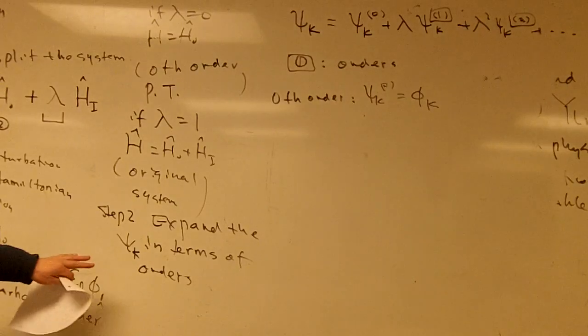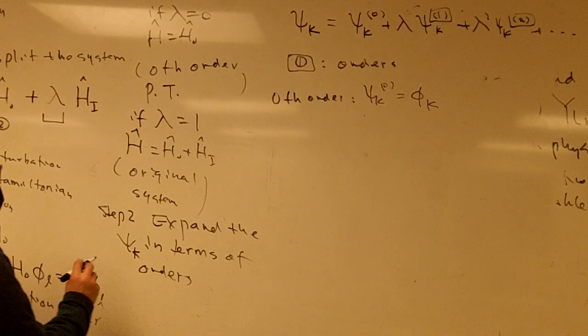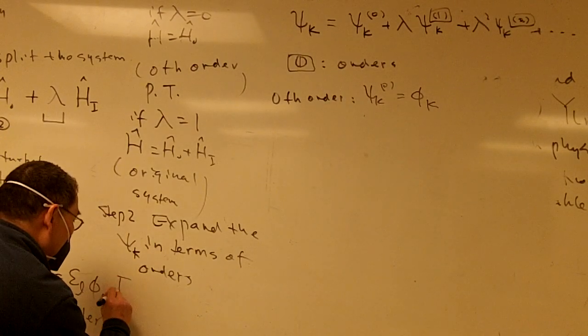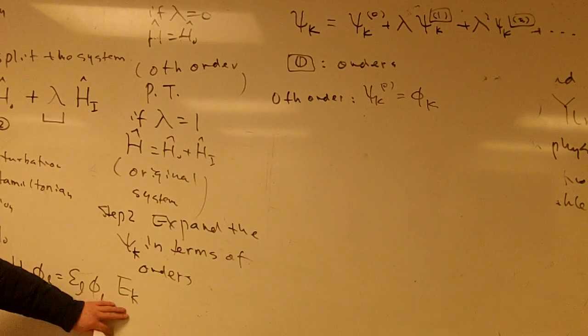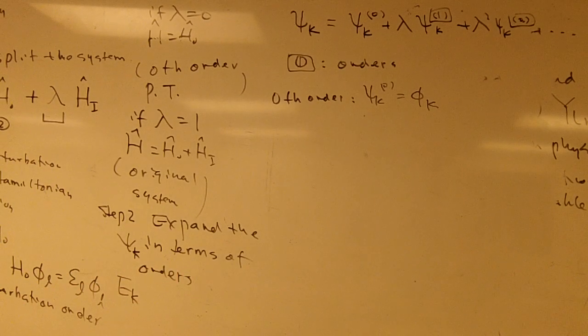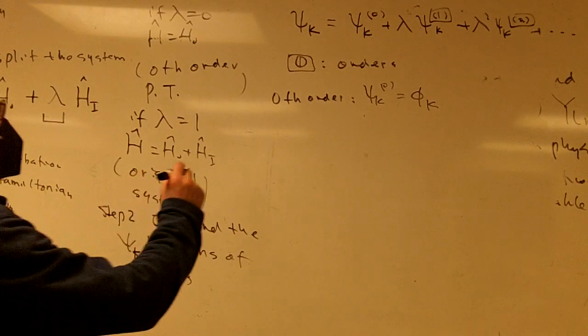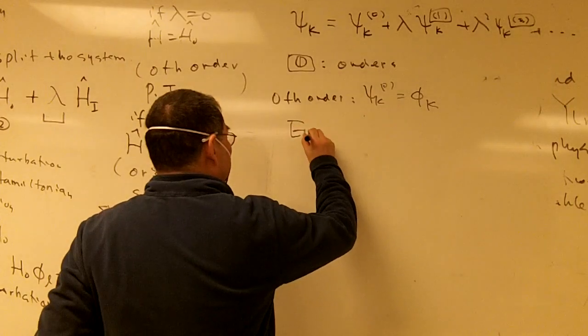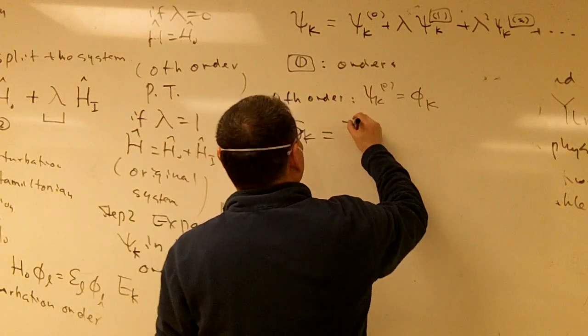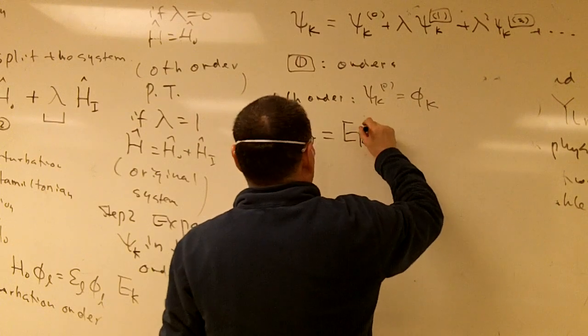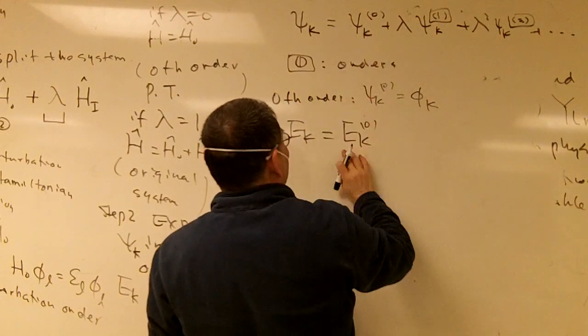And this is the psi. Now we can include E k as well. Could you write down E k in terms of these orders? So the wave function I expand, and my energy is exactly the same. Essentially, I copy everything from the top, except change psi to E k.